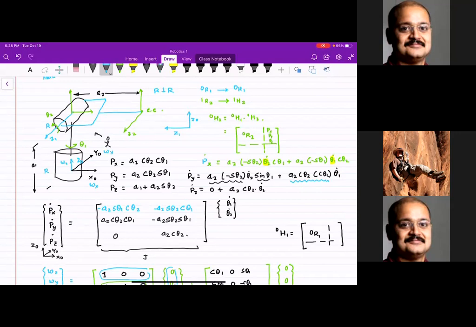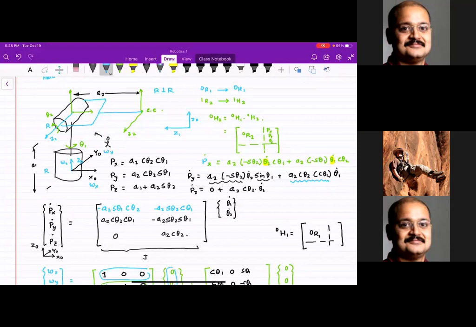Now don't look at the mathematics, just look at the figure that we have over here. In that case, does everyone agree that the total angular velocity about Z naught, which is omega z, will be theta 1 dot? Can you see that? If you don't, ask me now. Once again, theta 1 is 0, which means the robot is as is.